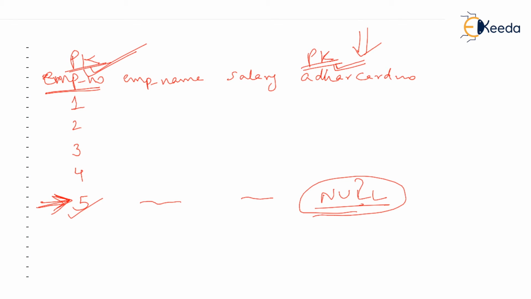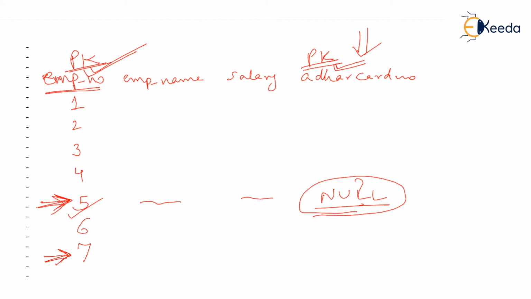So somebody will then have a conflict: why don't you make PAN card number the primary key? But the same problem here is employee number 7, maybe, who has lost his or her PAN card and has applied for a new one and is going to get a new PAN card number. Who knows?